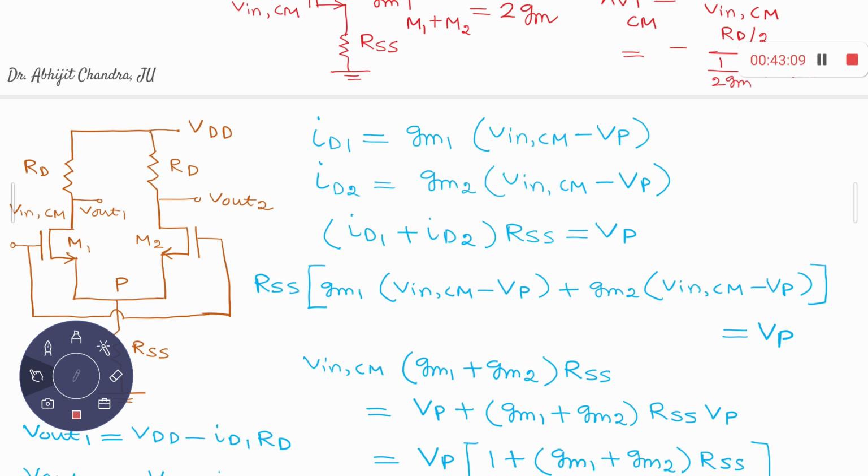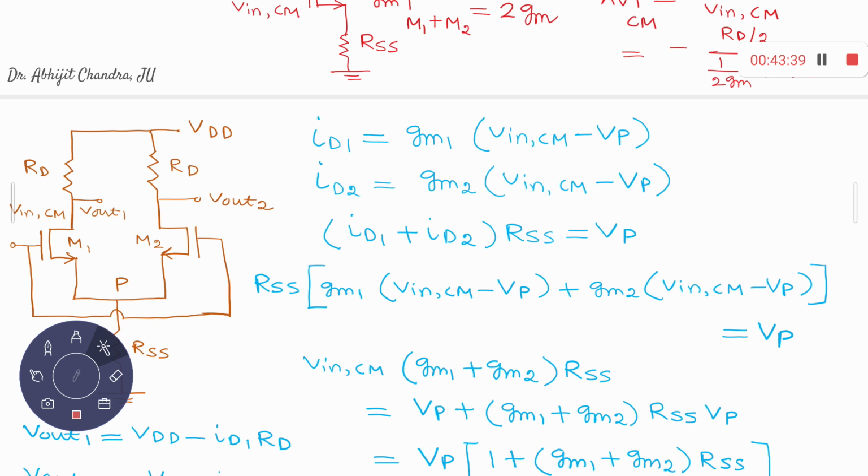Now, if they have different GMs, then what can happen over there? Suppose both of them are experiencing the same gate source change, but if the GM values are different, you don't expect the same current to flow, even if they are subjected to a common mode signal. Their gates are connected together, their sources are connected together, so you have the same gate source change for M1 and M2, but their GMs are different.